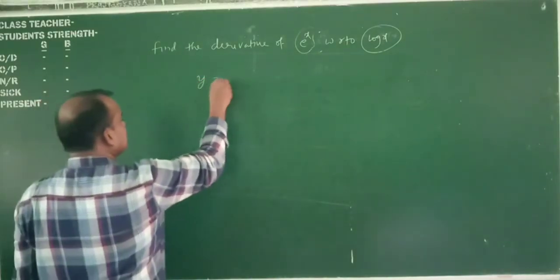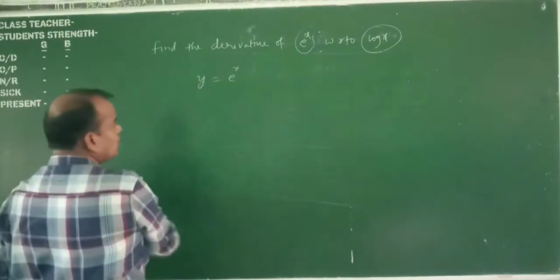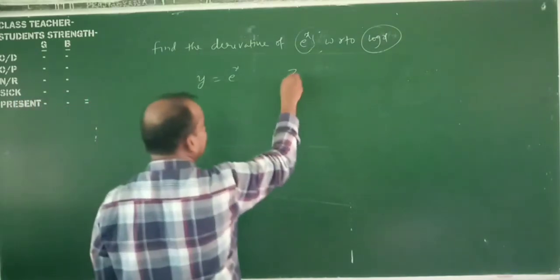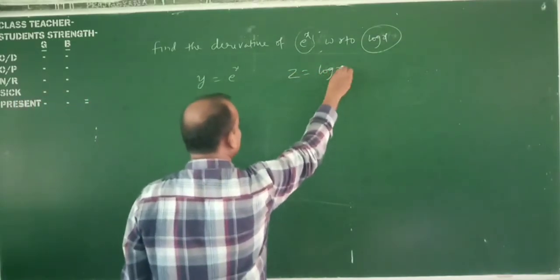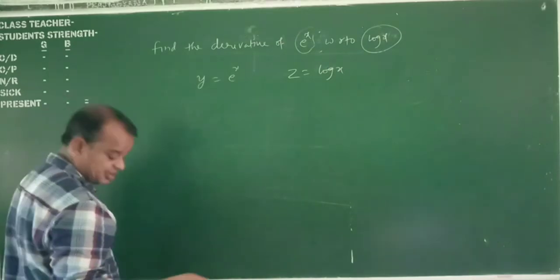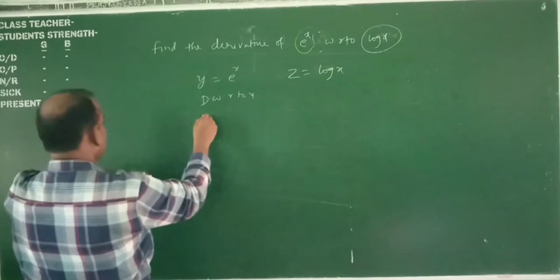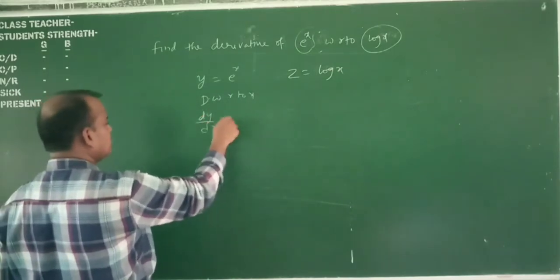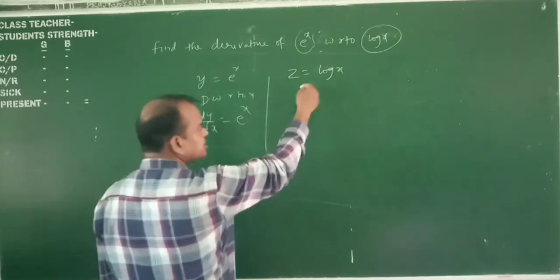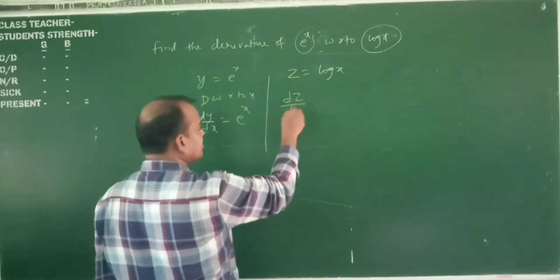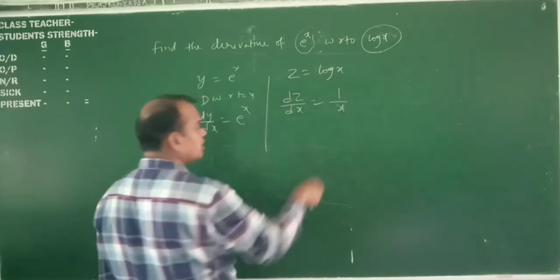Now, y is equal to e power x, and let z is equal to log x. Both are differentiated with respect to x. Differentiating with respect to x, dy by dx is equal to e power x, since the derivative of e power x is e power x. z is equal to log x, so dz by dx is equal to 1 by x, the derivative of log x.